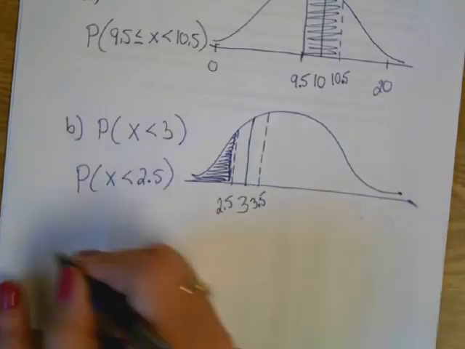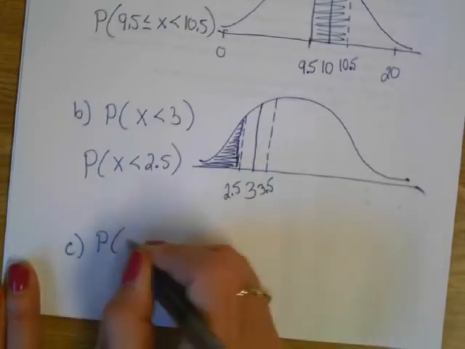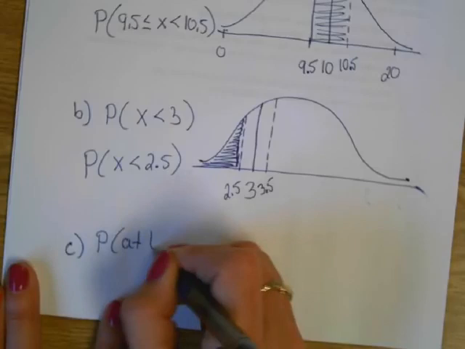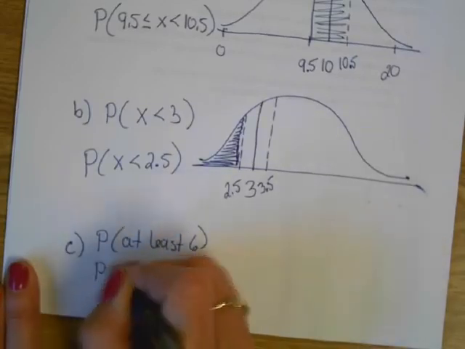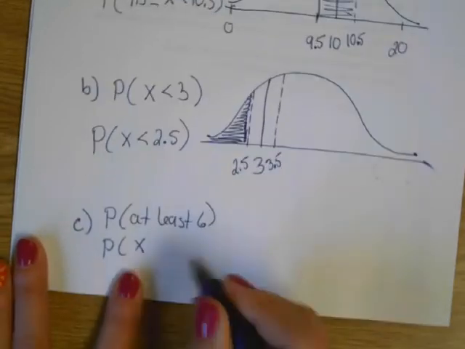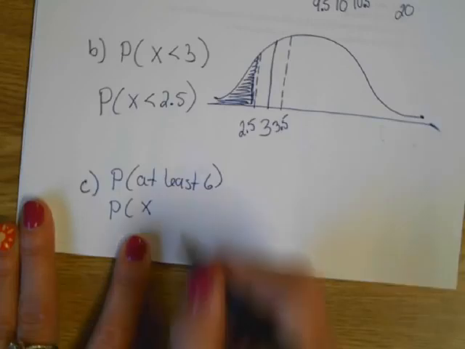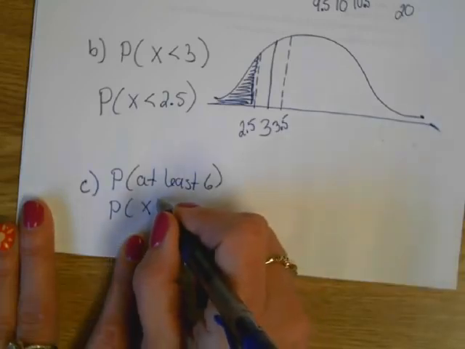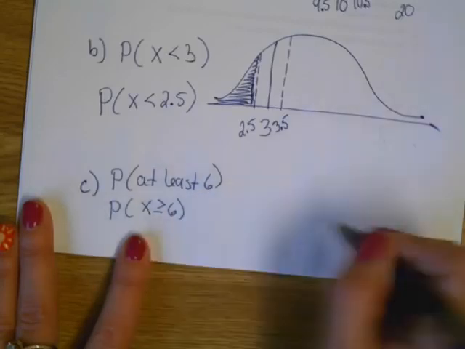Let me do another one, then we'll look at the two of them. What's the probability that you get at least 6 correct? What does at least 6 mean? As an inequality symbol, 6 or more, so that would be greater than or equal to 6.